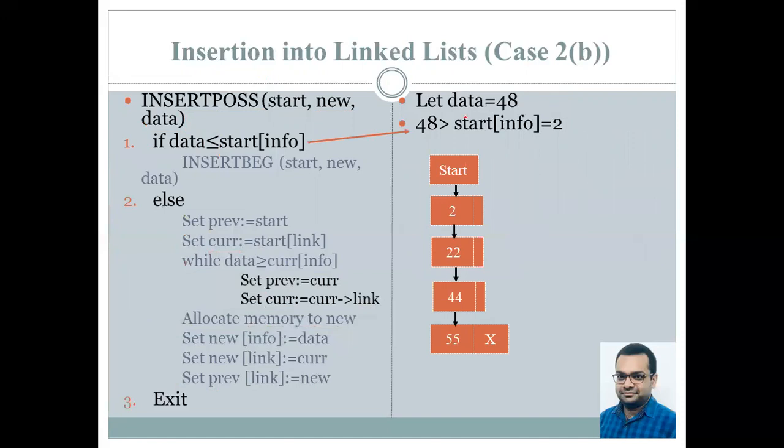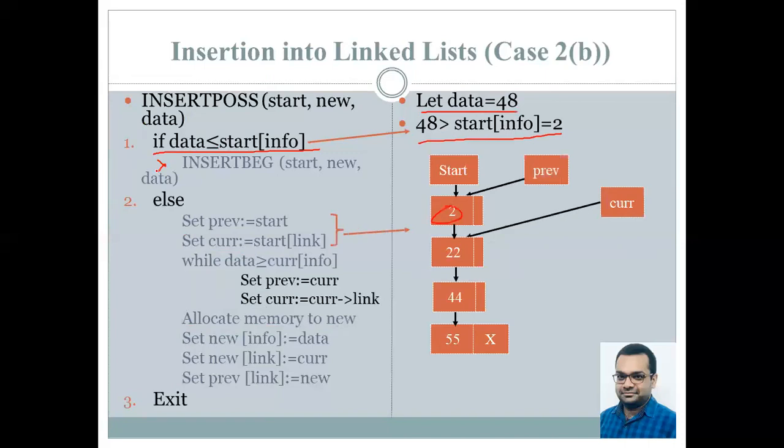Let's say the data value that is given to us is 48. Now 48 is greater than the start info, that is 2. Therefore, this check fails and the insert beginning procedure will not be called. Now the control will jump to the else part.